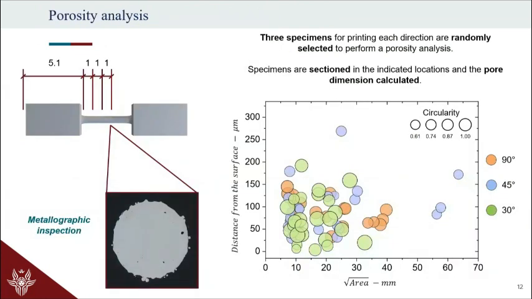We went on analyzing the porosity of our components, and from this microstructural analysis, this metallographic inspection, we found that there are some pores which are very close to the surface.